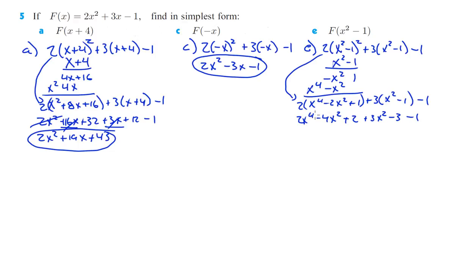Okay, take the highest powers first. So there's our 2x to the 4th. And then I'm going to take the x squareds next. So 3x squared minus 4x squared is negative x squared. And then that's a positive 2 minus 3 minus 1, which is negative 2.